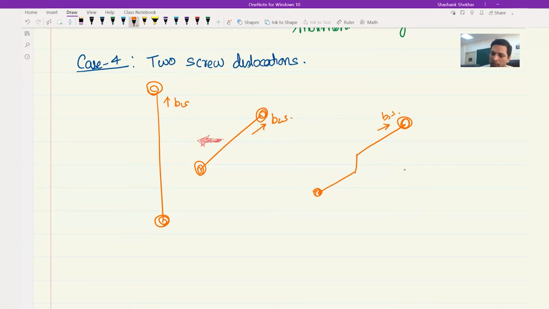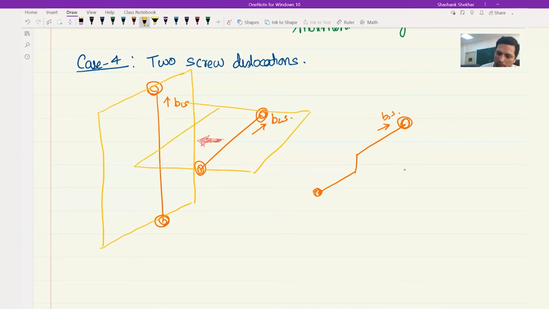On the other hand, for this one, we will assume that this is the glide plane. And for this one, this was the glide plane.